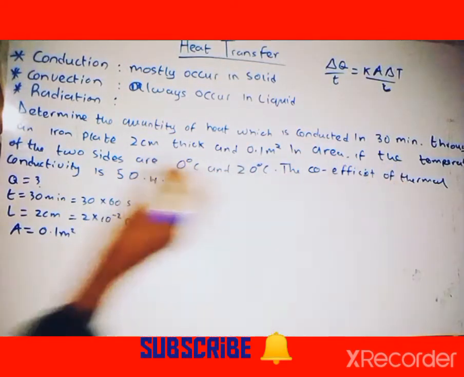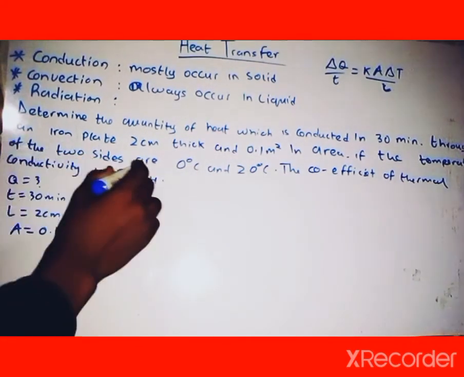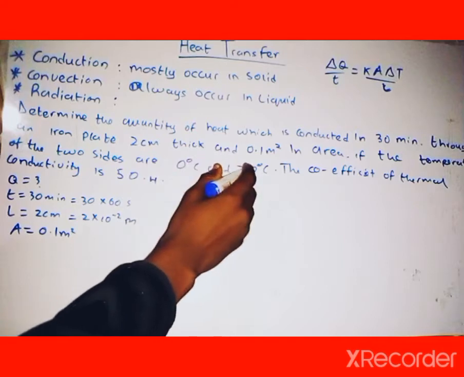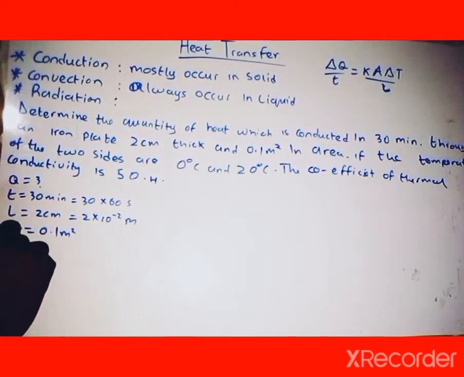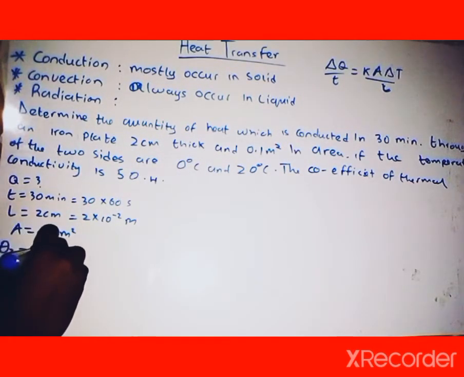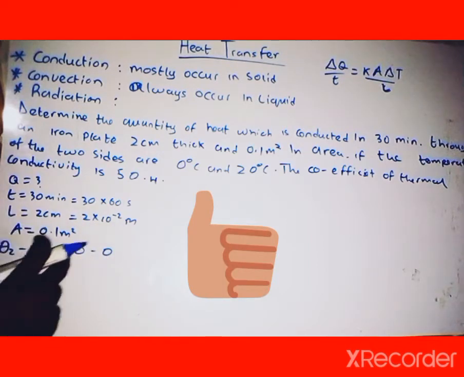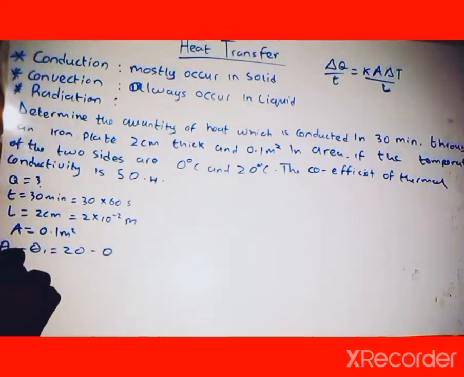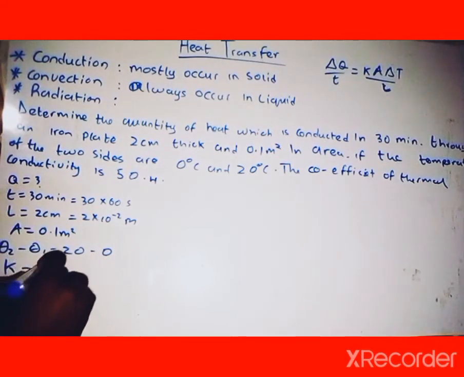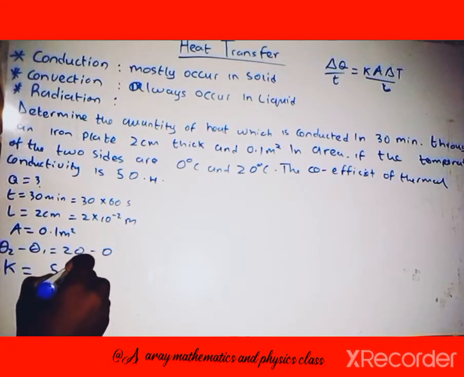If the temperatures of the two sides are 0 degrees and 20 degrees, theta 2 minus theta 1 is 20 minus 0, that is final minus initial. The coefficient of thermal conductivity K is 50.4.